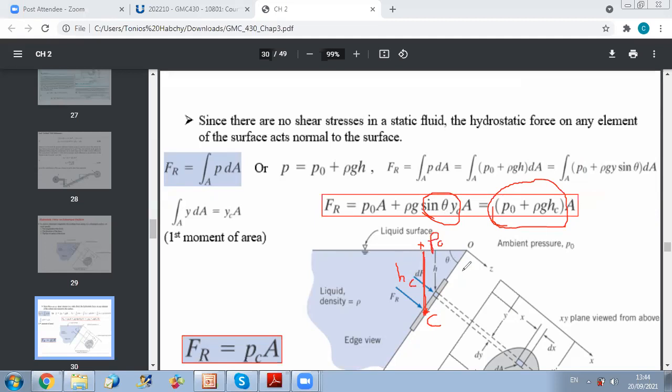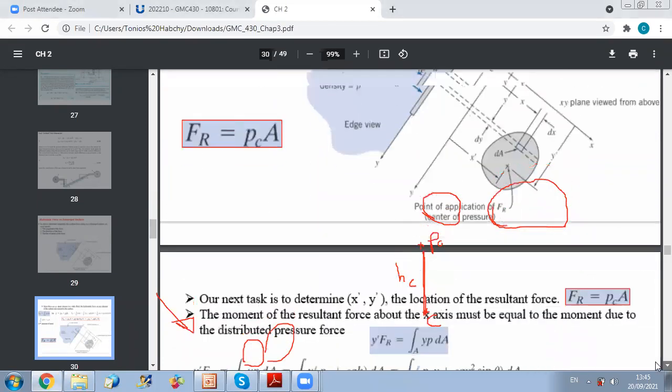So we can say now, as our first objective was met, we just found that the resultant force that will replace the system is equal to the pressure at the centroid of the area times the area. Now, the challenging part is to determine the point of application, okay?